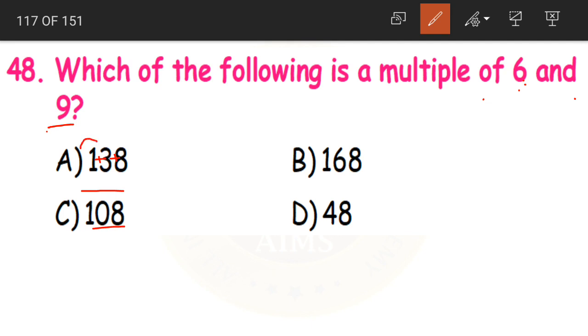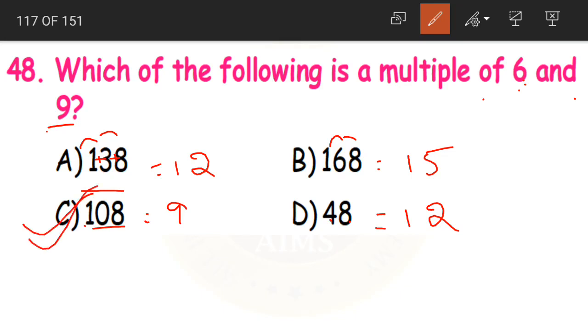Yes, 1 plus 3, 4, 4 plus 8 is equal to 12. 1 plus 6, 7, 7 plus 8 is equal to 15. 1 plus 0 plus 8, 9, 4 plus 8 is equal to 12. Now tell me, children, from the given sums of the digits, which is divisible by 9?